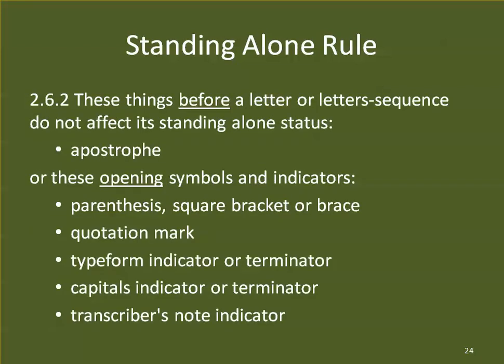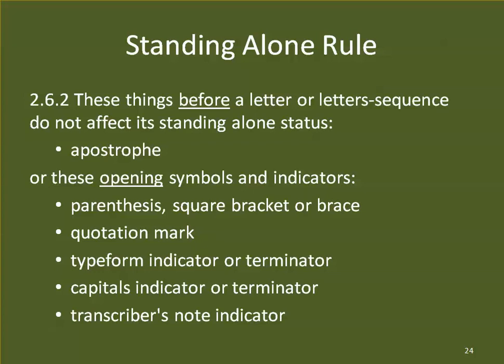There are some other things, I don't want to say exceptions, but there are other things that don't affect standing alone. So if the things on this screen come before a letter or letter sequence, that letter or letter sequence is still considered standing alone if it has a space, a hyphen, a dash on either side of it. So an apostrophe before the letter or letter sequence will not affect it, or opening symbols or indicators that are paired.